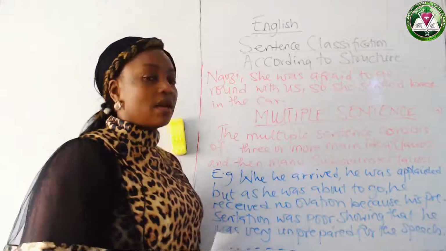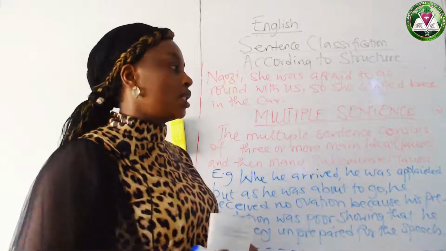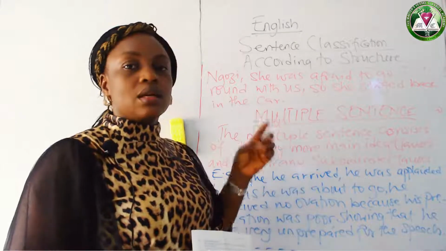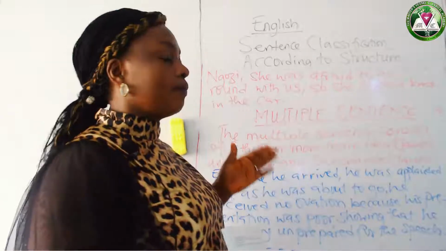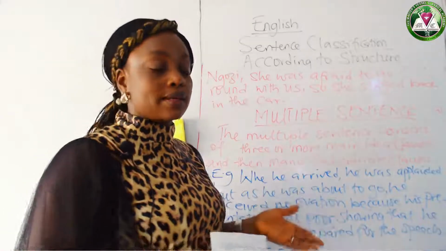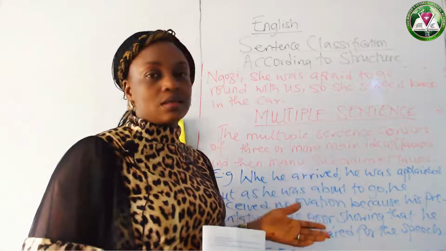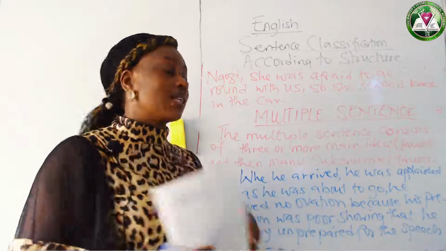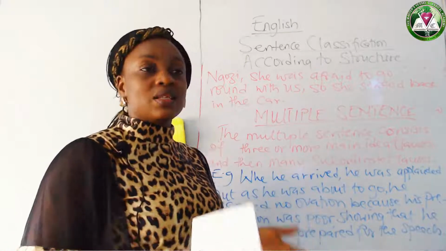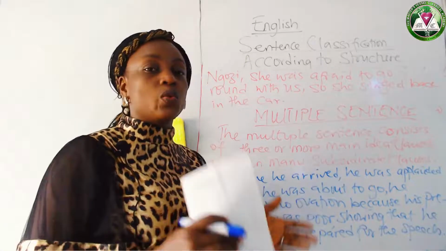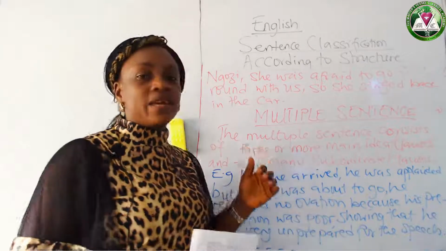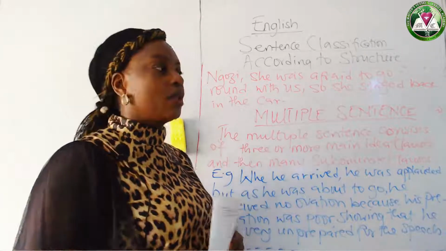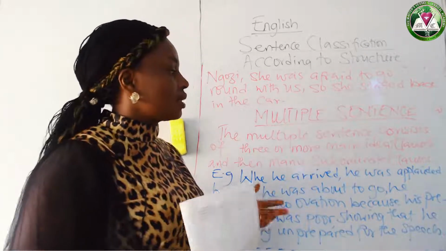And I will advise again that for your stage, you may restrict yourself to simple sentences, compound sentences, complex sentences, and the compound complex. And in fact, for your compositions, you are always advised to use simple sentences, the ones you can construct very easily, so that you will get your information across to the person that is going through your work.